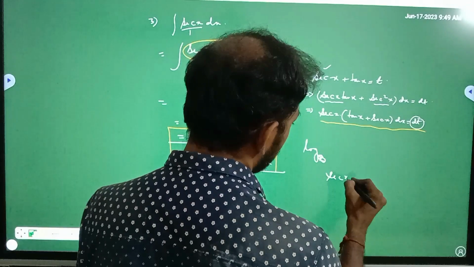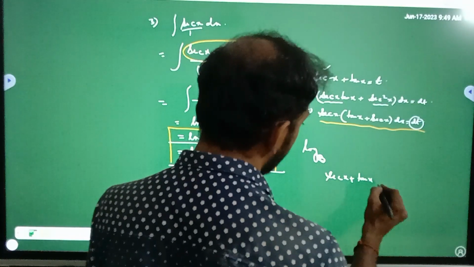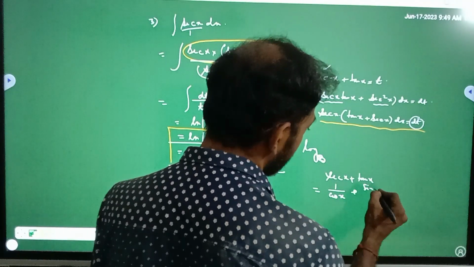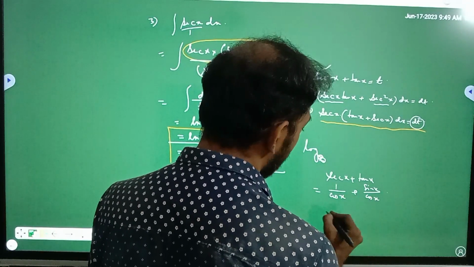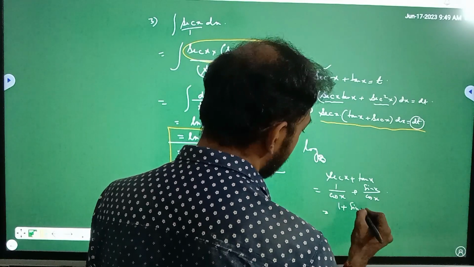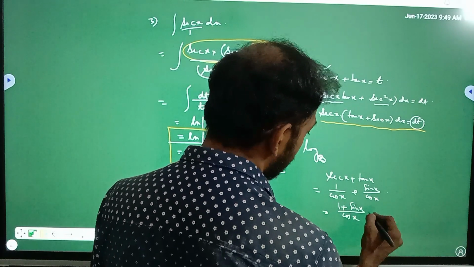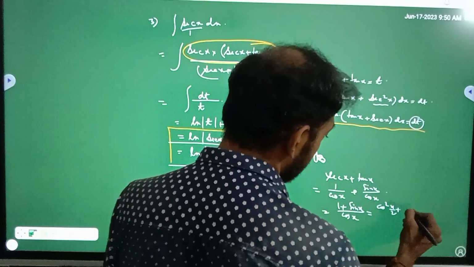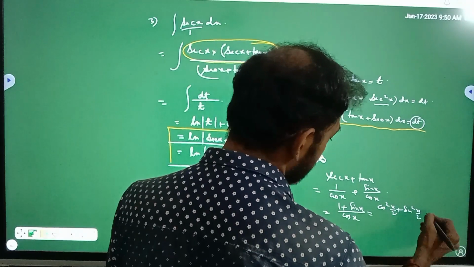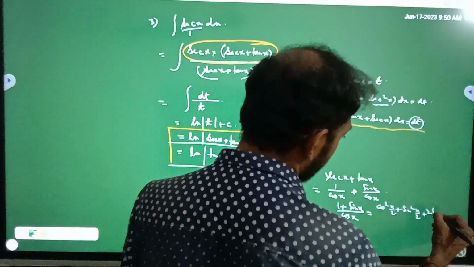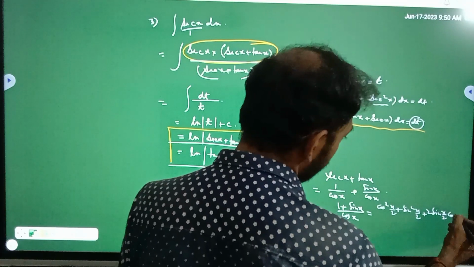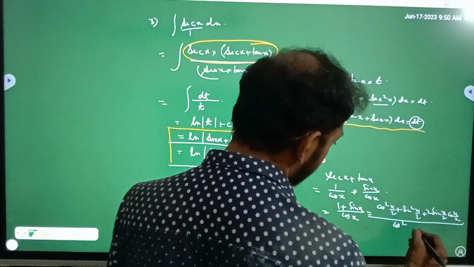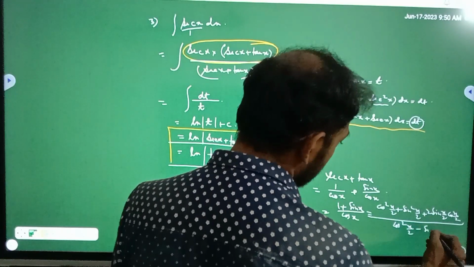Sec x plus tan x, that's a very easy problem of class 11. Sec x plus tan x, you may write it as 1 by cos x plus sin x by cos x, and after that it will be 1 plus sin x divided by cos x. And you all know that 1 may be written as cos square x by 2 plus sin square x by 2, plus sin x may be written as 2 sin x by 2 cos x by 2, and cos x we may write as cos square x by 2 minus sin square x by 2.